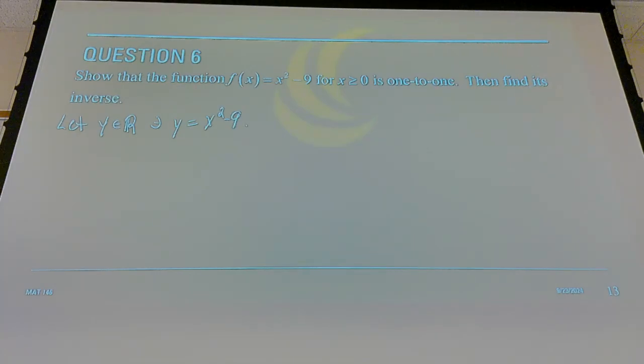All right, so let y be some real number satisfying y equals x squared minus 9. Solve for x.